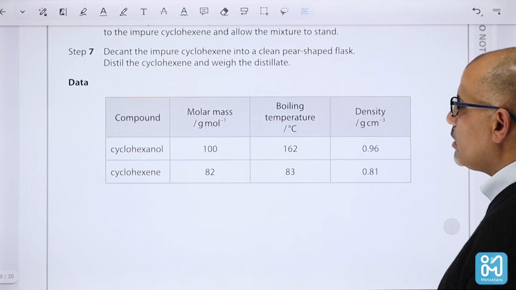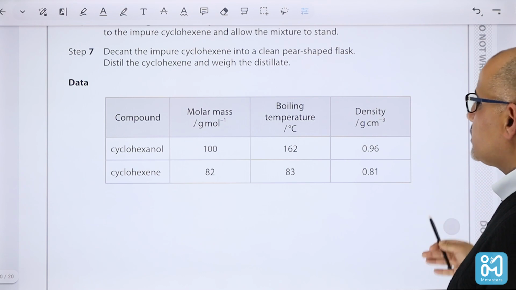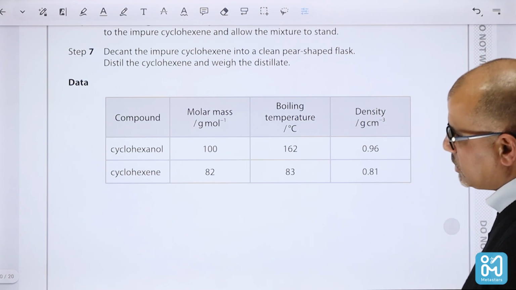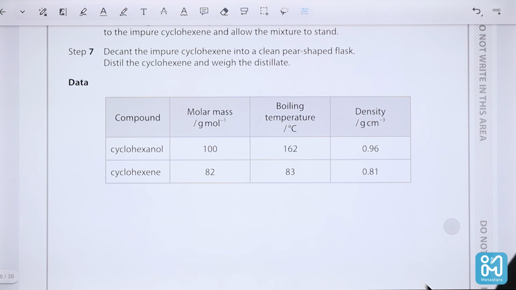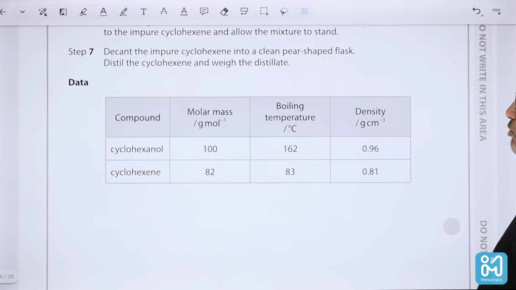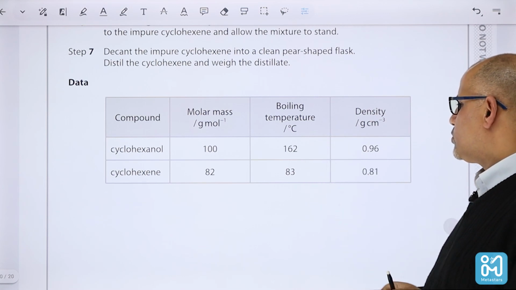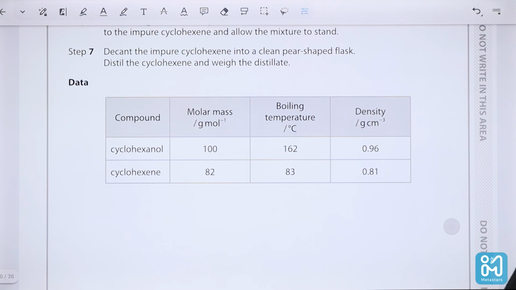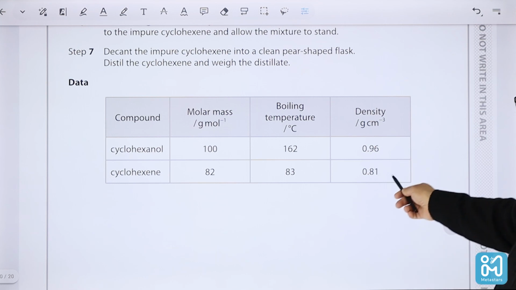Here we have a table which gives some properties, some data about the two reagents, the reactants and the product. For cyclohexanol, its molar mass is 100 grams per mole, boiling temperature 162, density 0.96 grams per cubic centimeter, and the cyclohexene 82 grams per mole, boiling temperature 83, and its density is 0.81.